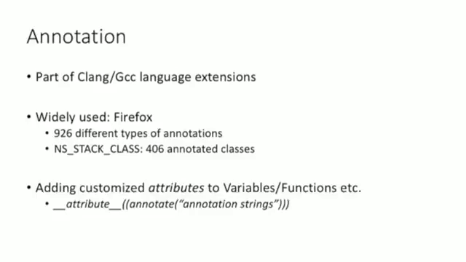And for just the NS stack class, this annotation is to make sure the class is on the stack, not in the heap. It has more than 400 annotated classes. And the last bullet shows the format of the annotation. You can define your own annotation string and perform analysis at the IR level. It will add metadata in the IR.